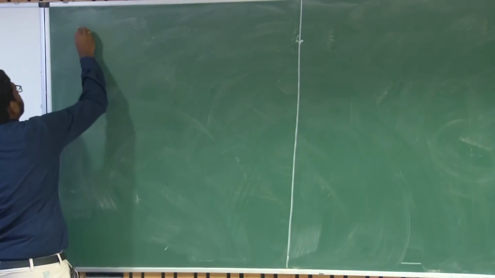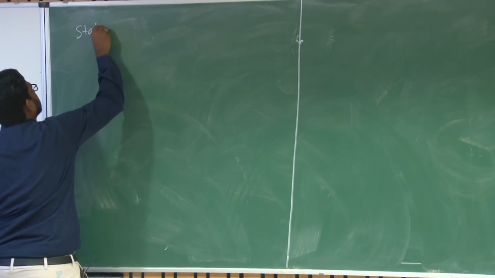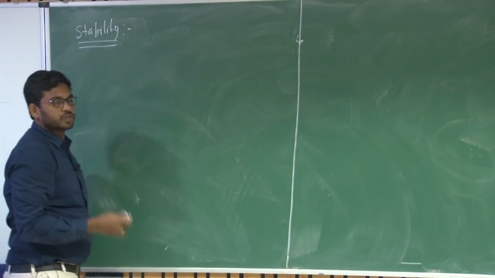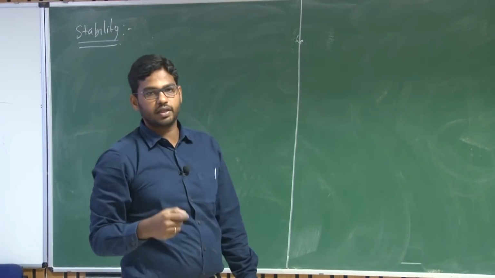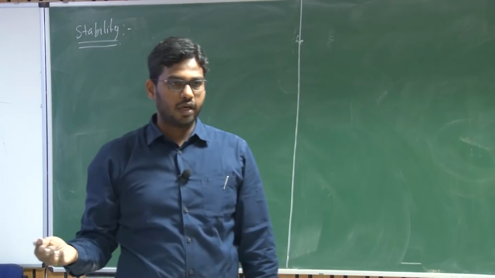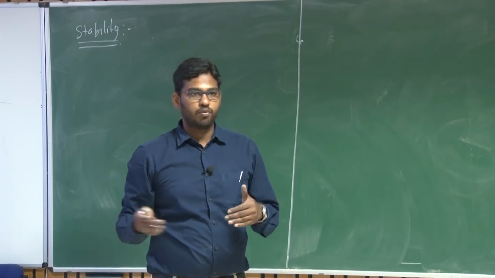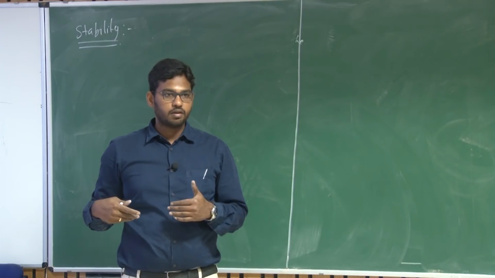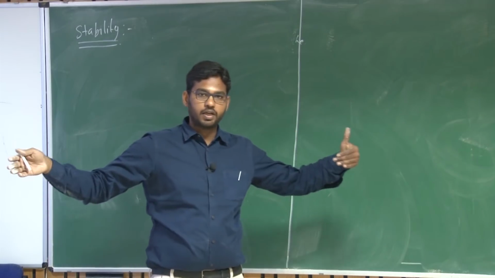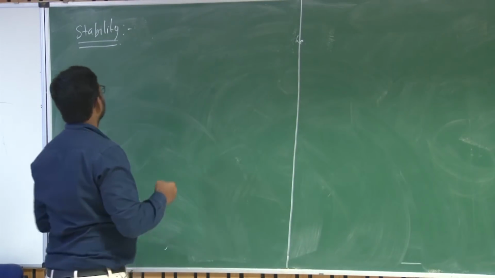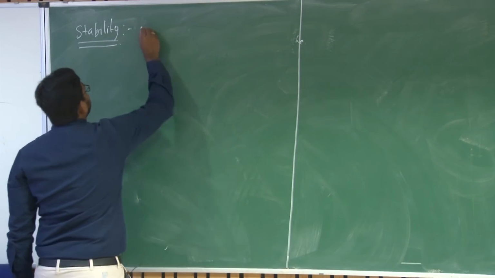Let us talk about stability. Now with the help of the concepts of stability, let us see how we design the tail, how we find the limits of the CG traverse, what the size of the tail should be, and the offset between the tail and the wing. All these parameters come from the stability analysis of the system. So what is stability?